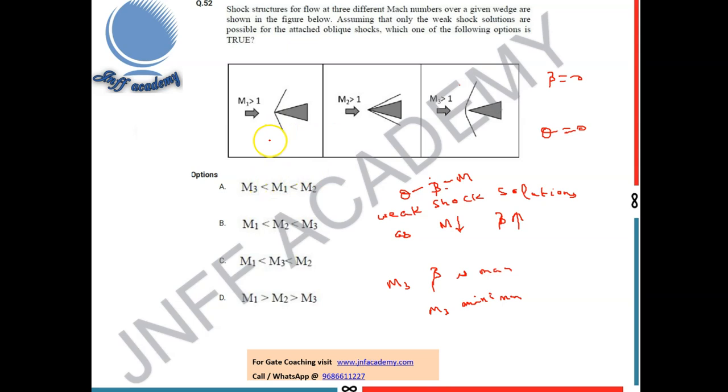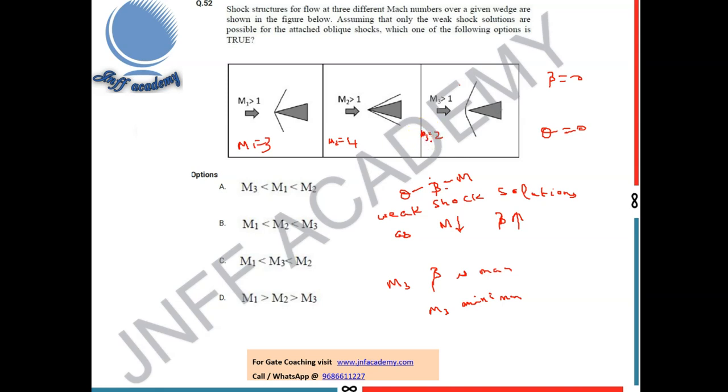For example, if you want to understand, M3 will be the lowest, let's say 2, and M1 will have 3, because here it's the maximum beta shock angle. Here it is slightly less than a detached one. Probably M2 will be the maximum, which is 4. I'm just putting some rough examples here: M1 will be 3, M2 will be 4, and M3 will be 2.